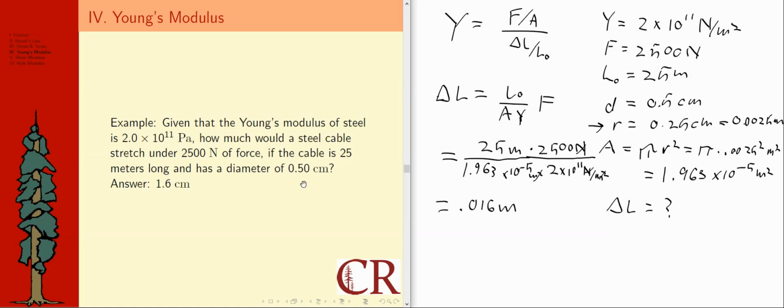Let's check this answer. Oh, did we get it wrong? It says 1.6 centimeters. Well, wait a minute, 0.016 meters is equal to 1.6 centimeters. So this is actually okay. This can happen sometimes. In this class there are homework questions and you'll be able to look up answers for those, and you might report an answer different than mine because of a unit difference.